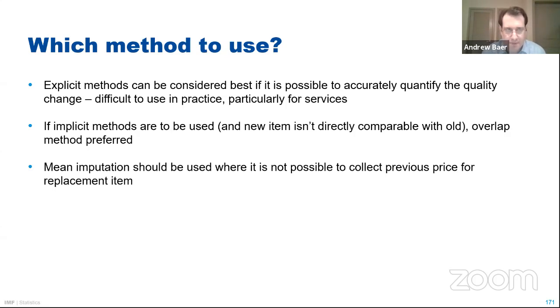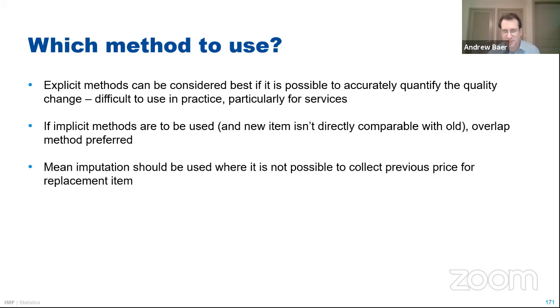So to summarize, explicit methods of quality adjustment, like the quantity method we looked at, like the production cost method we looked at, they're the best if you could do them. However, in my experience, it's very difficult to get that information, particularly for services. Okay, so you try to get that information, but in most cases you will not be able to, and so you move on to one of these implicit methods.